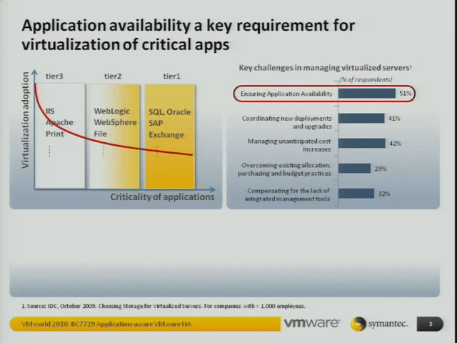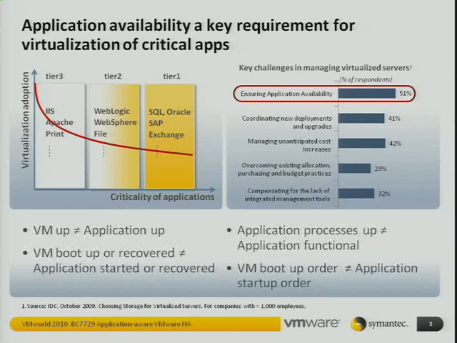And that's exactly the gap that we've heard from customers over the last couple of years, certainly at VMware. It's something we've taken to heart. And what we've done is look at how we can close that gap very quickly and provide an alternative that allows you to fully leverage the virtual infrastructure that you've put into place. This is data from IDC: key challenges in virtualizing are ensuring application availability.